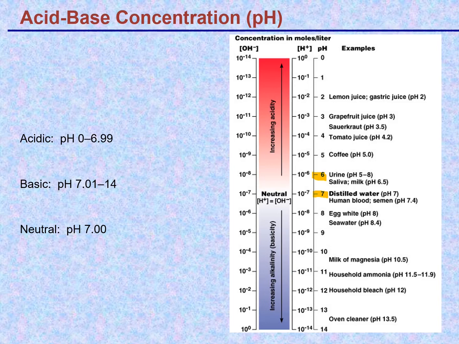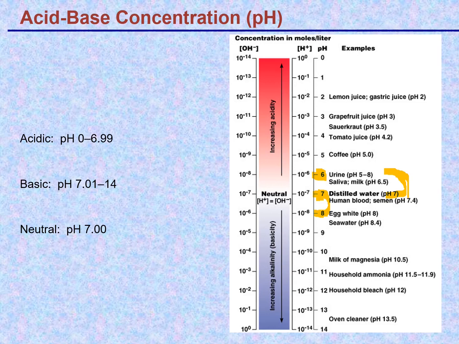The difference between 7 and 6 is 10-fold. Each step is 10-fold. So you have a 10-fold increase in hydrogen ion concentration. Between 7 and 8, you have a 10-fold decrease in hydrogen ion concentration.